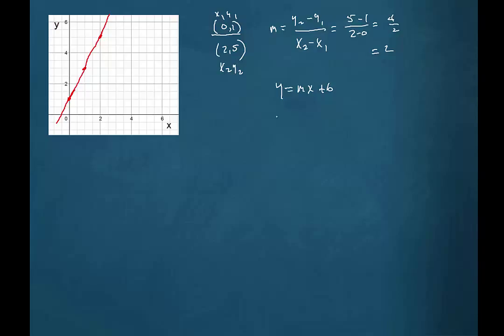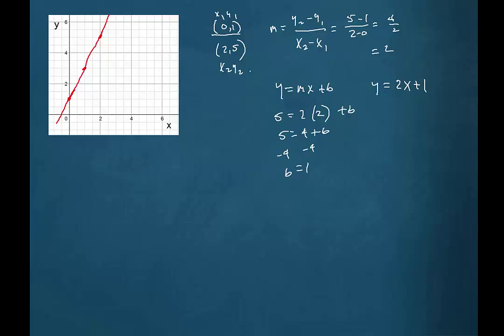But just to carry this out, we could use this dot, (2, 5), and we'd say 5 equals the slope 2 times 2, so x is 2 when y is 5, plus b. So 5 is 4 plus b. Subtract 4 from both sides, and b is 1. So the equation of this line is y equals 2x plus 1.